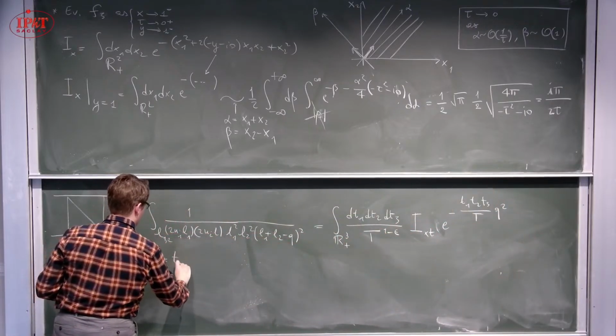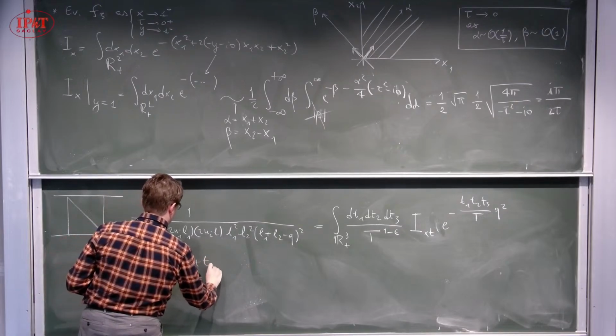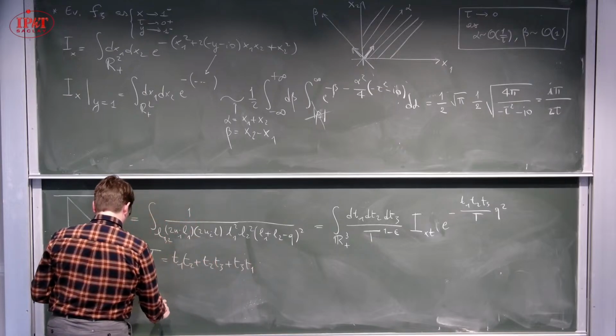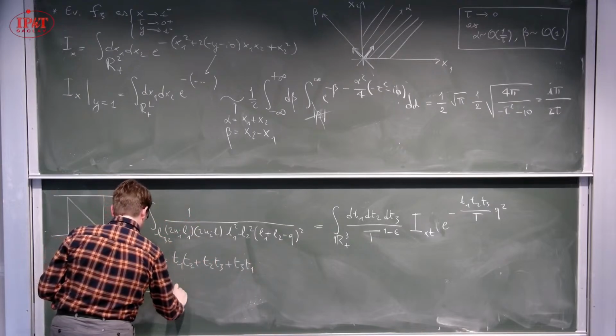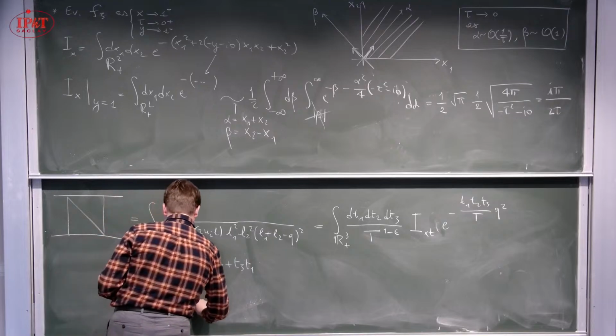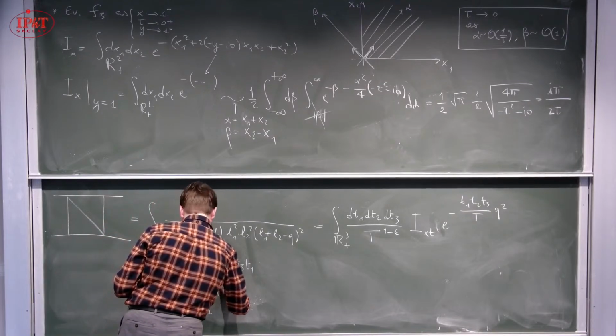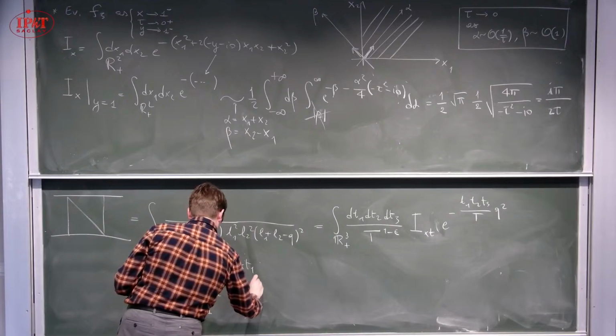Big T is T1 T2 plus T2 T3 plus T3 T1, and the Y(T) is a close cousin of the Y that we had above, with an important difference.